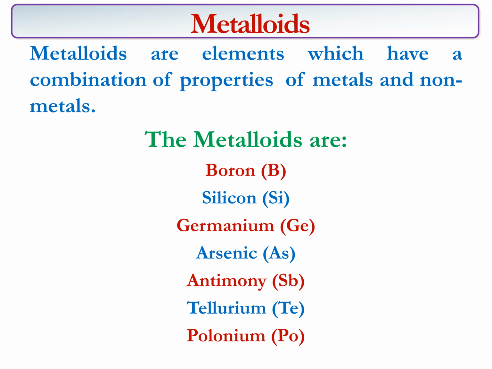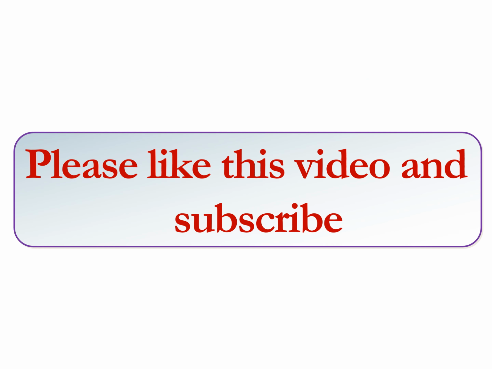Examples of metalloids are boron, silicon, germanium, arsenic, antimony, tellurium, and polonium. So metalloids have a combination of the properties of metals and non-metals.